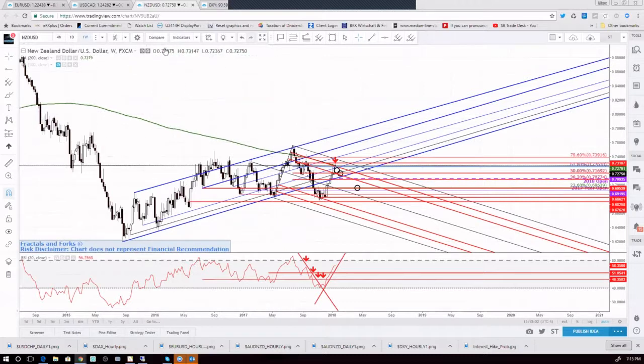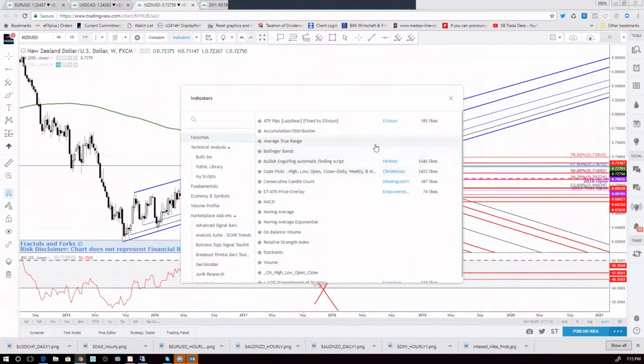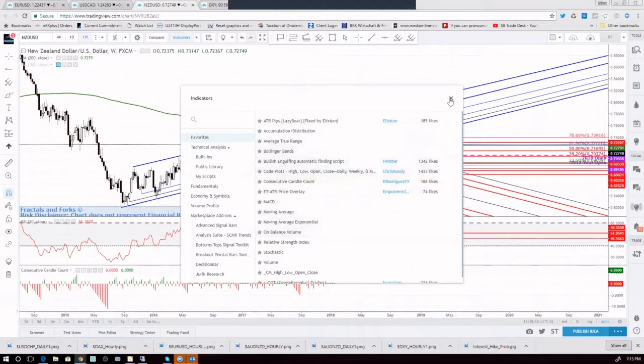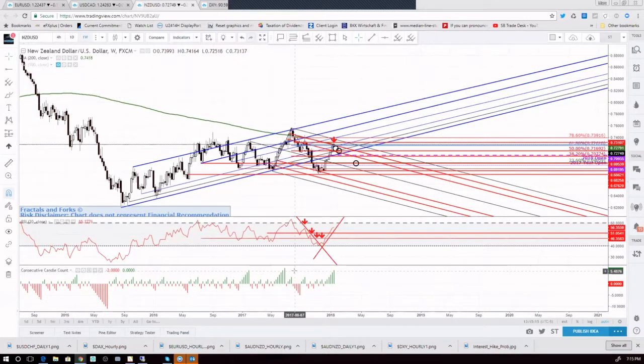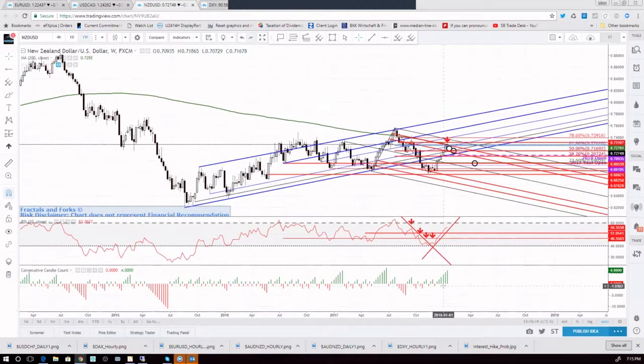Another thing is how many times we've, where is it? Consecutive candle count. How many weeks up have we had? We had 6 weeks up. The last time, in 2017, there were 7 weeks up. So there could be a pullback coming.